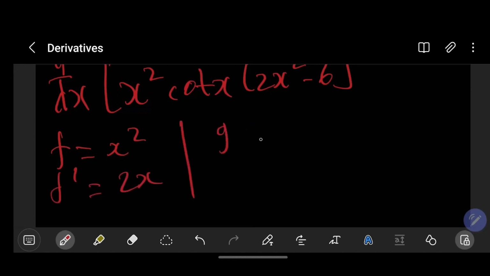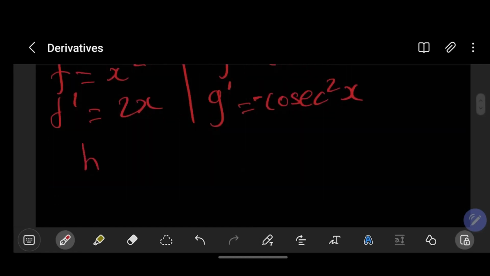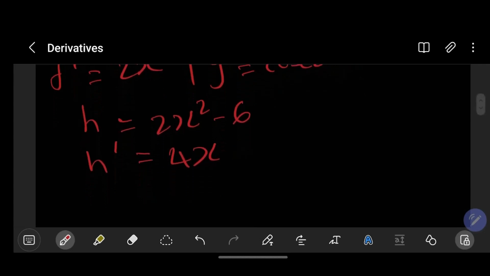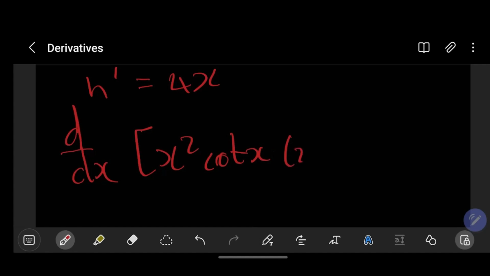If g is equal to cot of x, so g prime would be equal to, from what we learned, minus cosec squared x. And if h is equal to 2x squared minus 6, so h prime is equal to 4x.